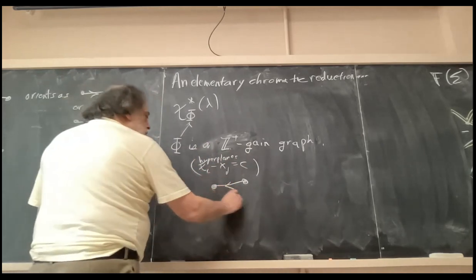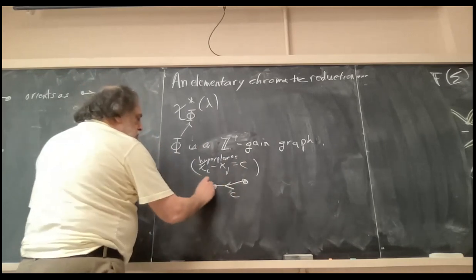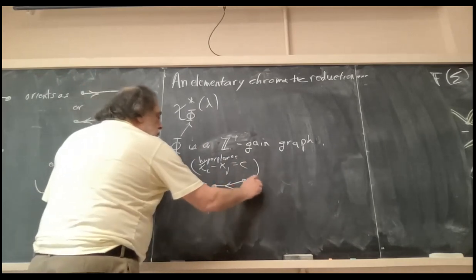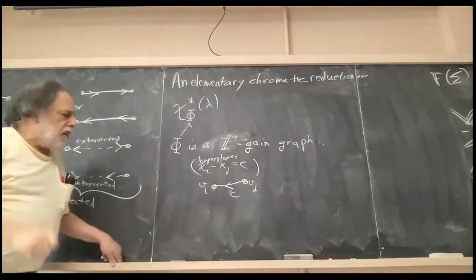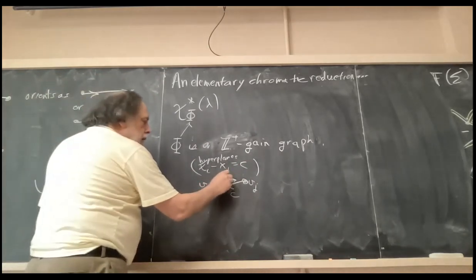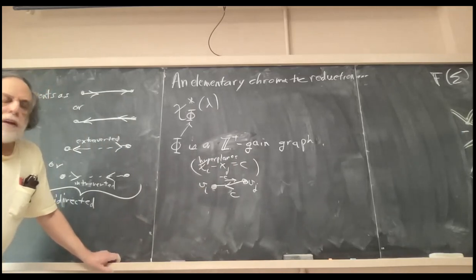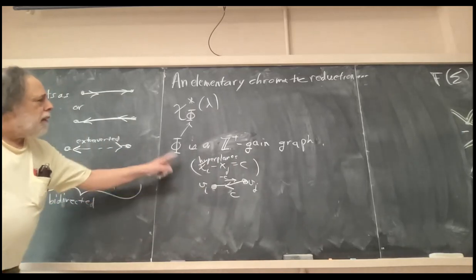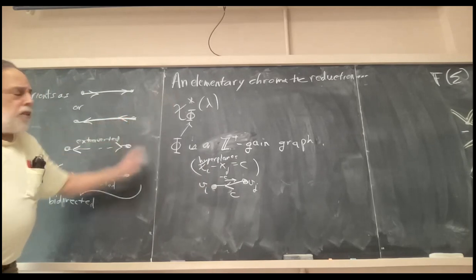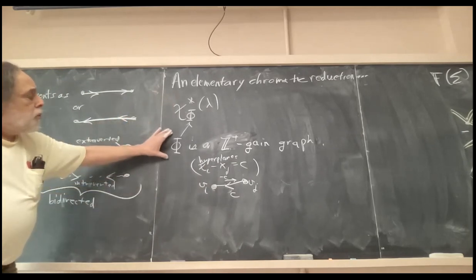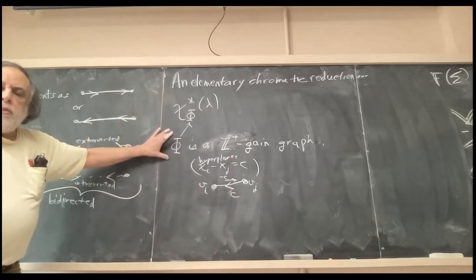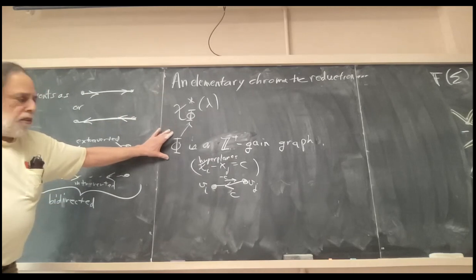So this will have gain c in that direction from vj to vi, or minus c in the other direction. And that's the graph counterpart to the hyperplane. Now they're looking at hyperplanes that correspond to gain graphs with the additive integers as the gain group.